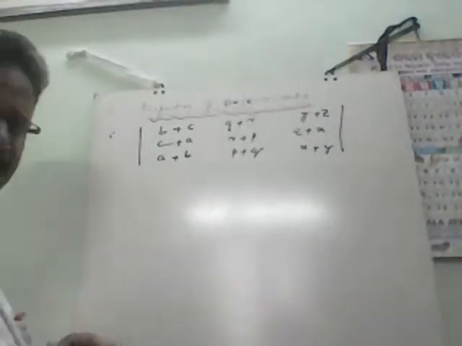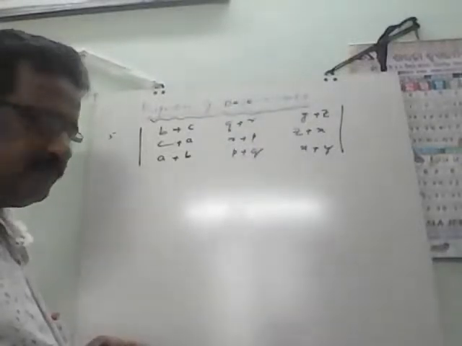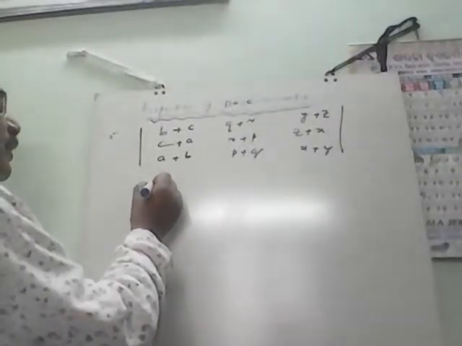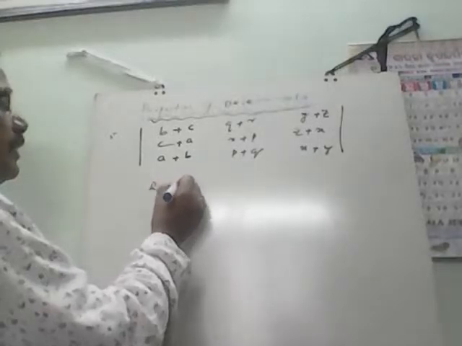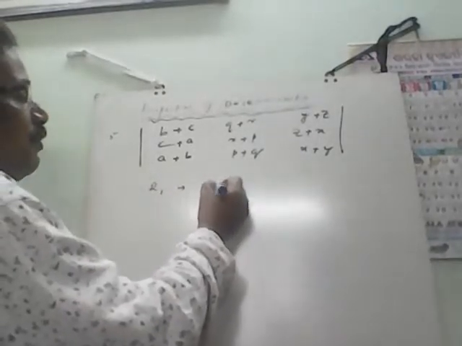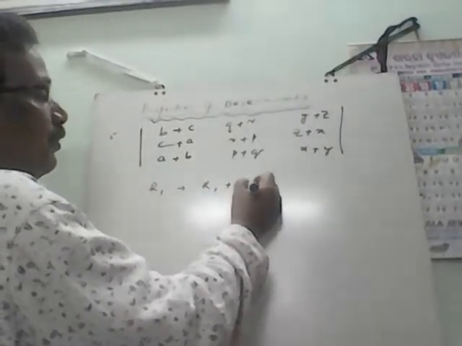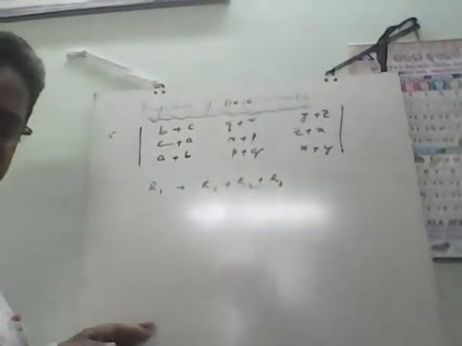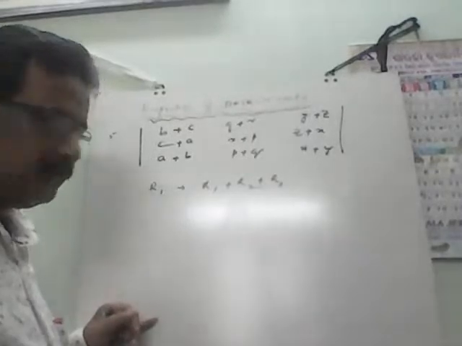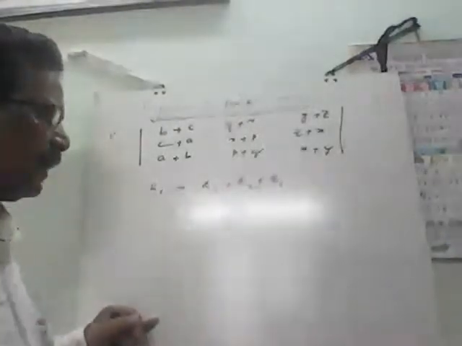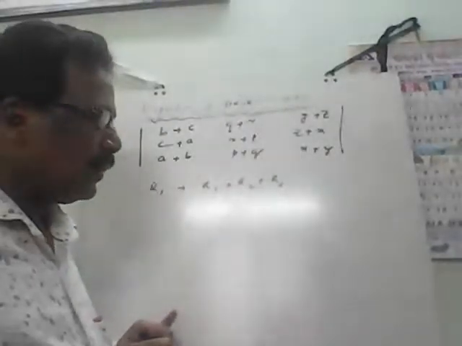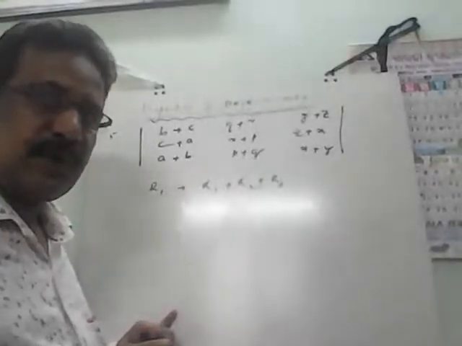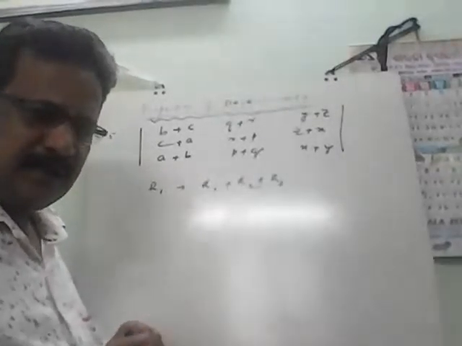Use your first step. Your first step is replace row 1 by row 1 plus row 2 plus row 3. Use this operation. Apply this.